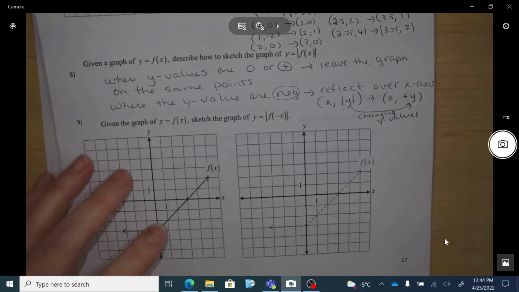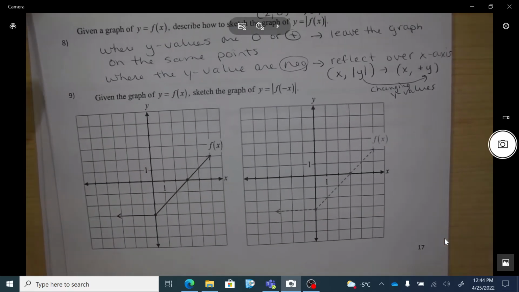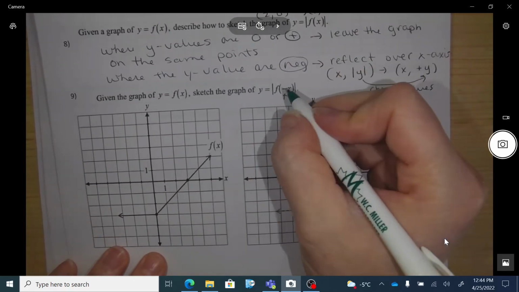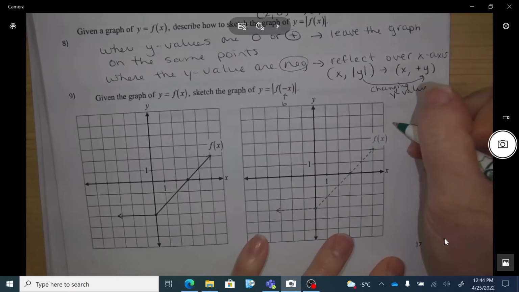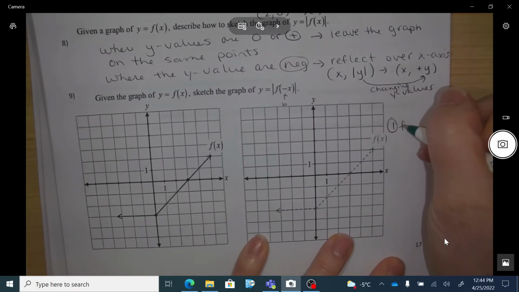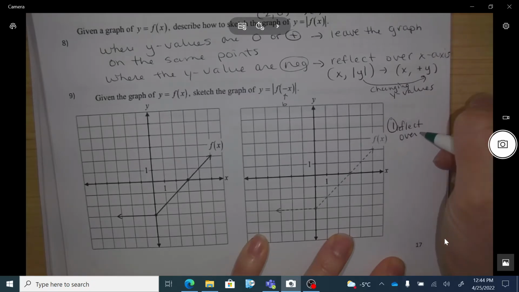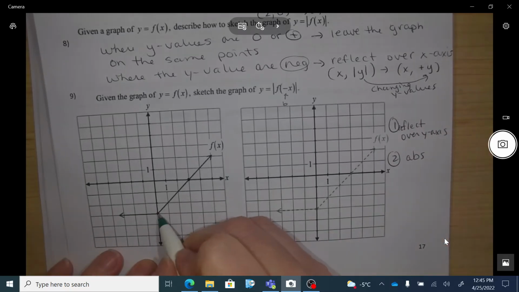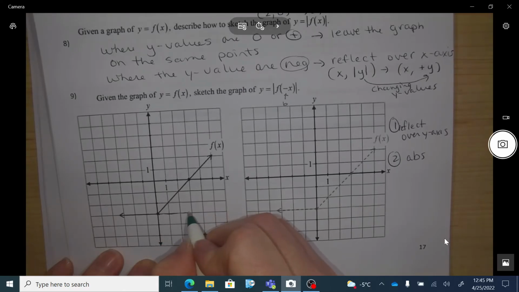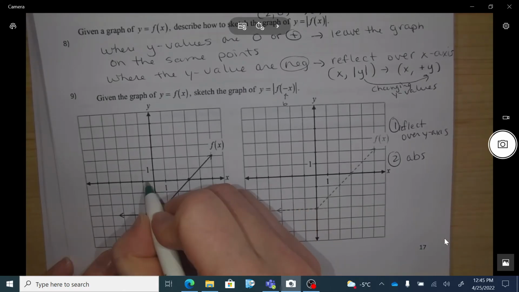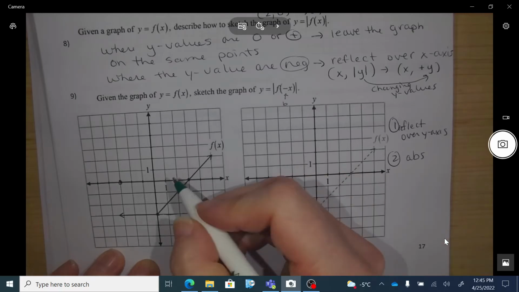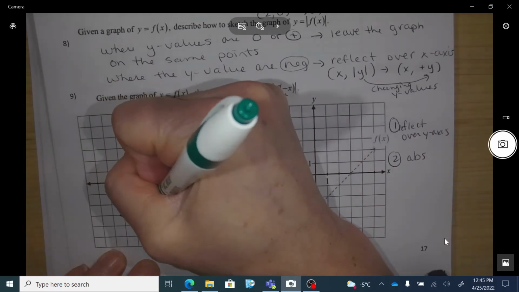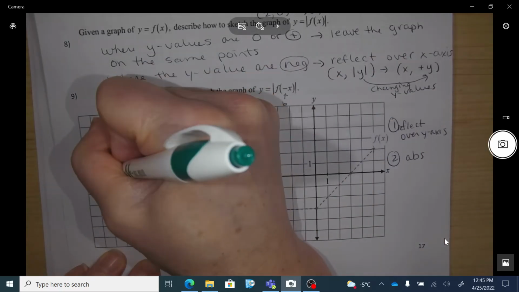Sketch this graph. Okay, so this is a B, so we're going to first reflect over the y-axis, and then I'm going to absolute. Okay, so this point would go over here, and up.